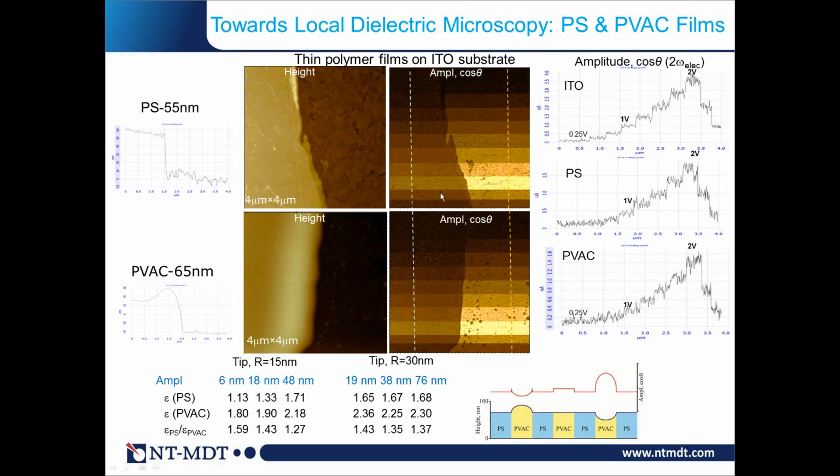You see that there is an increase, because the dependence is more or less square, and at low voltages we have a square dependence of the response as a function of the voltage, reproduced. Based on Sergey's calculation, we found out that there are different PVACs, and there is some ratio between 1.5 and 4 between polystyrene and PVAC in the dielectric properties.